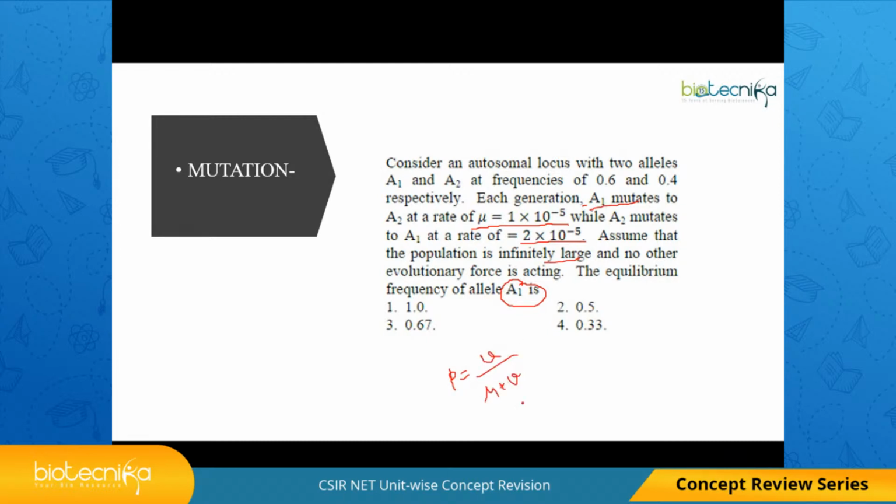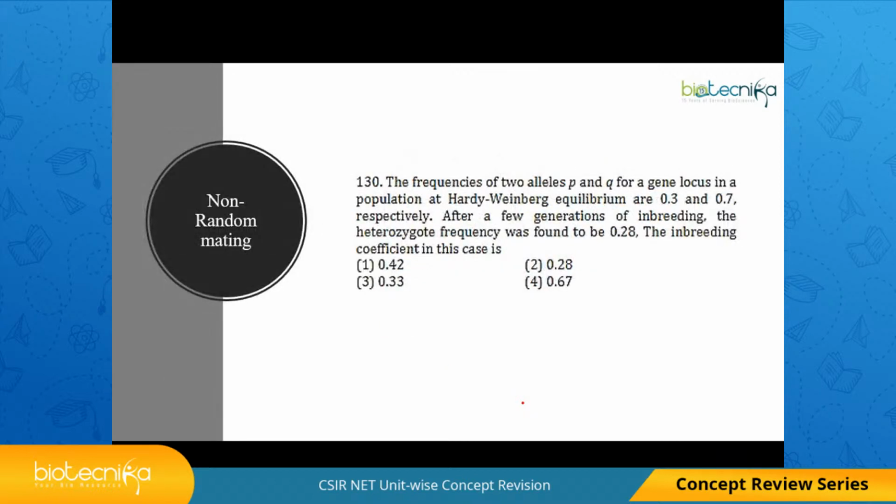Another type of question is based around your inbreeding coefficient. They have given you the frequency of the two alleles. They have given you the frequency of the heterozygotes. And they are now asking you to find the inbreeding coefficient, which is F. So again, you know the formula. F equals 1 minus H by 2PQ.